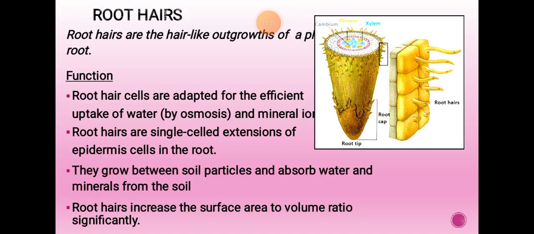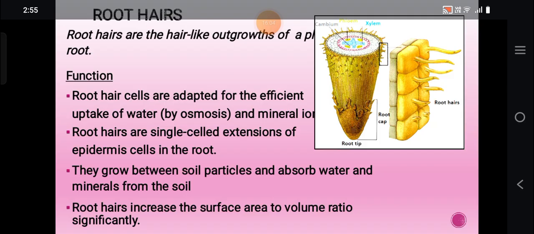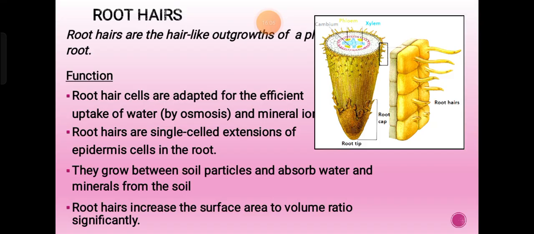Okay, root hairs are hair-like outgrowths of a root. Then we have the function of root hairs. Root hair cells are adapted for the efficient uptake of water by osmosis and of mineral ions. Why are they present in the body?